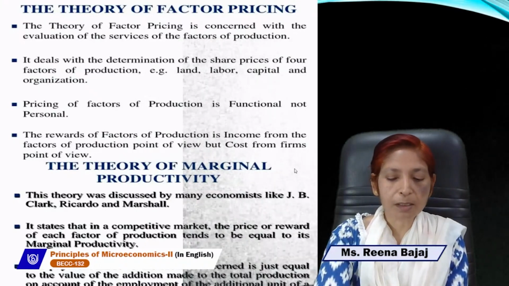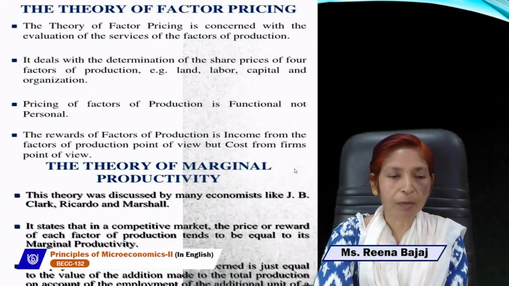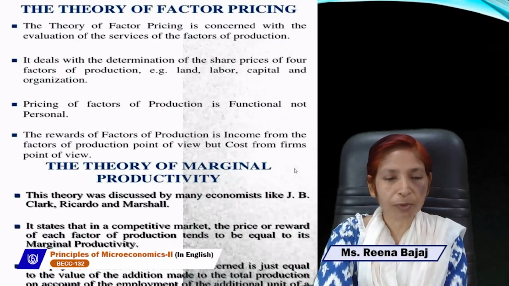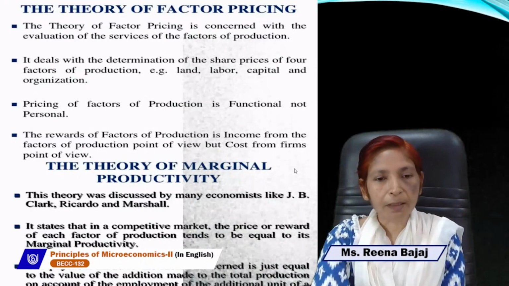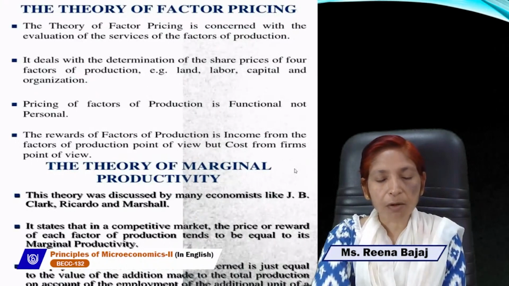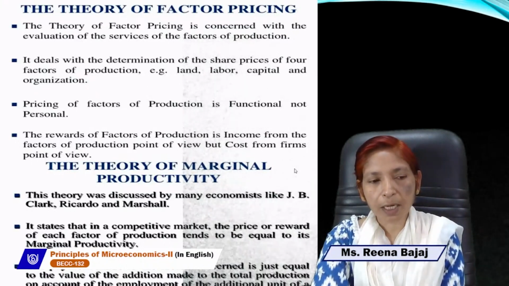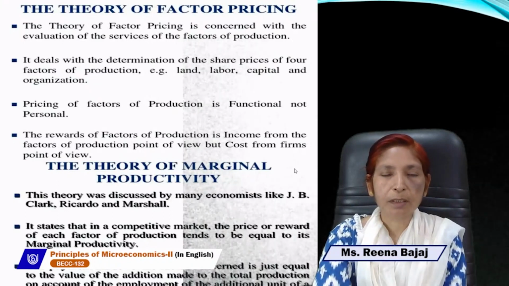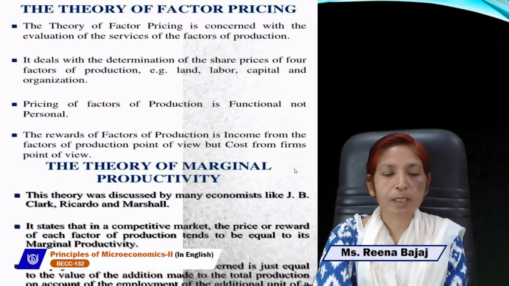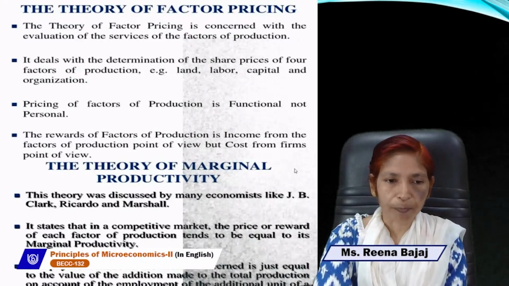So factor price is always determined with the help of the demand for inputs and supply of inputs curve. And the theory of marginal productivity explains that in a competitive market, the price or reward of each factor of production tends to be equal to its marginal productivity.